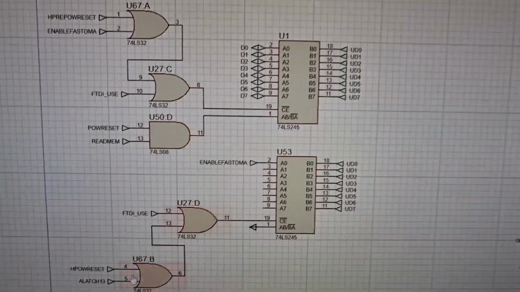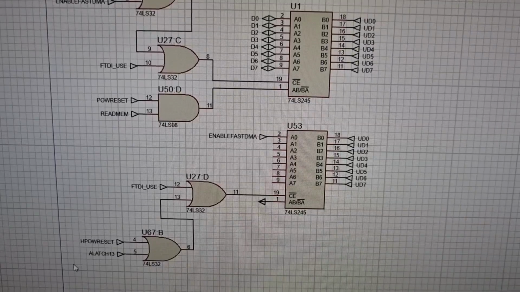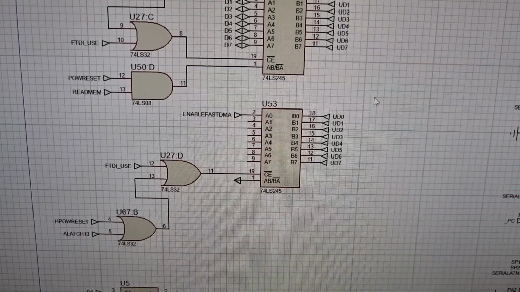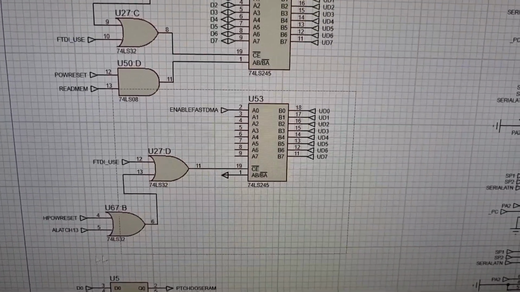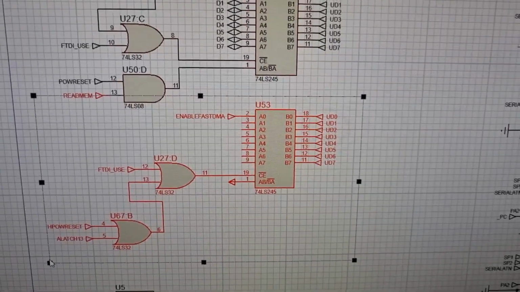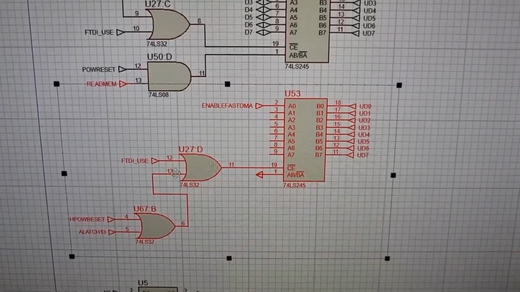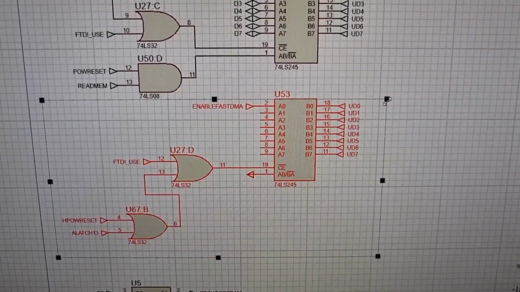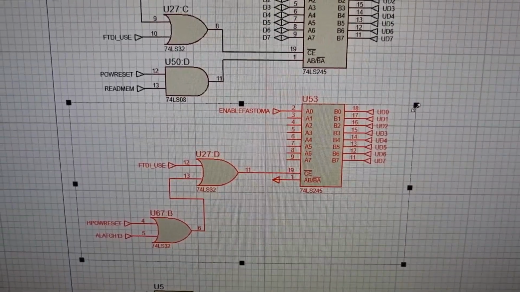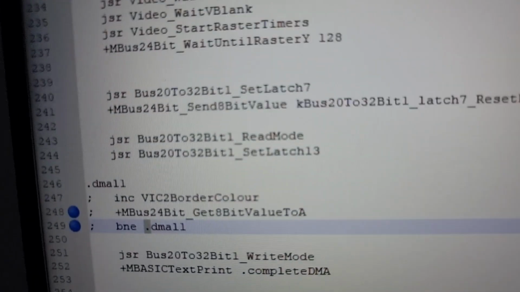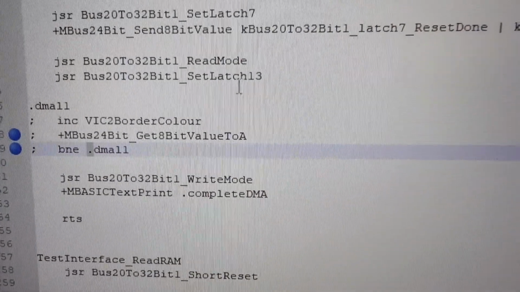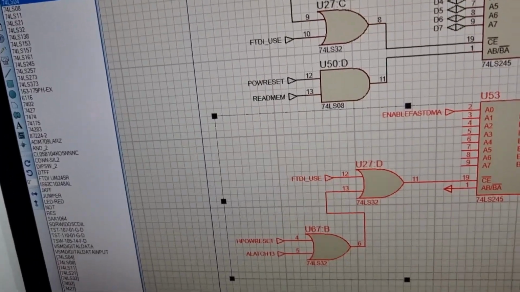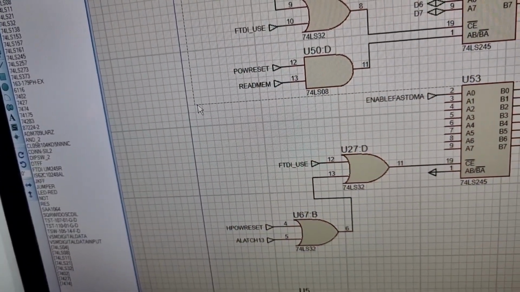And when I went back and actually checked the schematic, in this area of the schematic that I'm highlighting here, I've highlighted one extra signal that I didn't need. This area of the schematic outputs register 13, and it outputs one bit for register or latch 13, which basically gives the status of enable fast DMA.